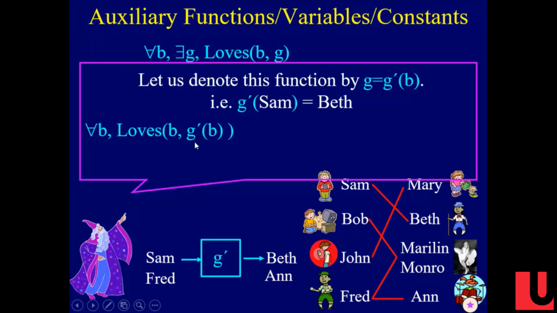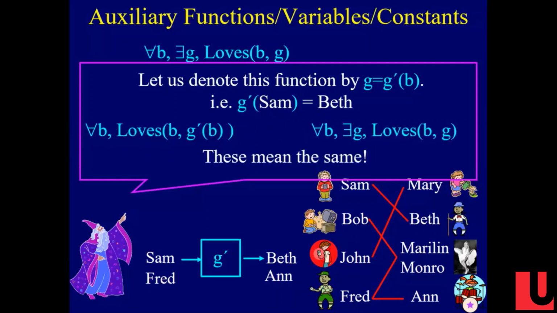A gives me this function G prime. And what does that function G prime do for me? It says for any boy, I can plug in the boy into G prime, and it will give me a girl, and I can be assured that the boy loves the girl. It's a very powerful statement. Everybody got that? All right, we're good?